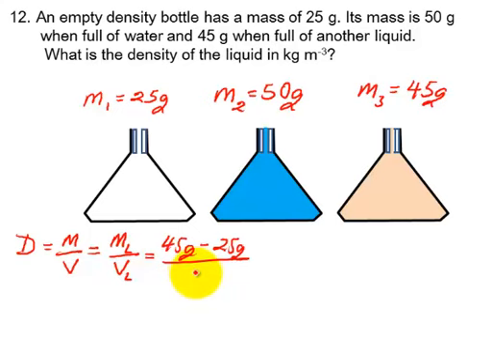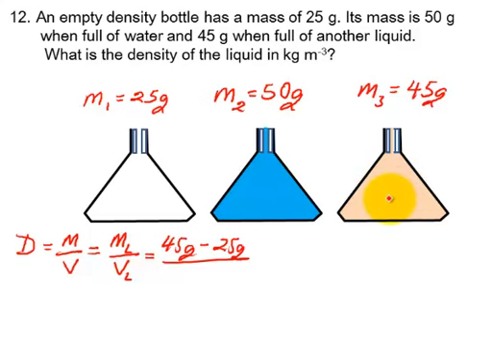The challenge here is to get the volume of this liquid. How do we do that? Volume is the space occupied by matter. In this case, the volume of this liquid is the space that this liquid occupies in this bottle. I want you to get this picture, that the space that this liquid occupies inside the bottle is equal to the space of the bottle itself.